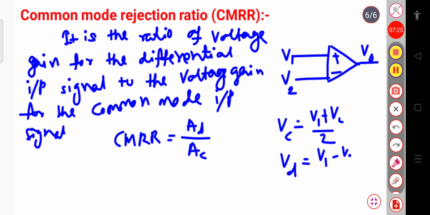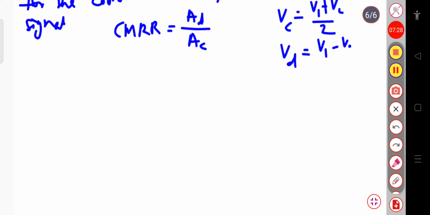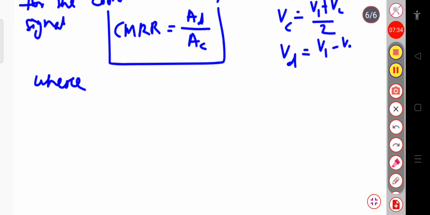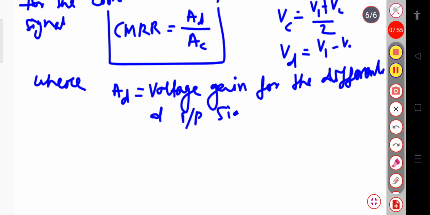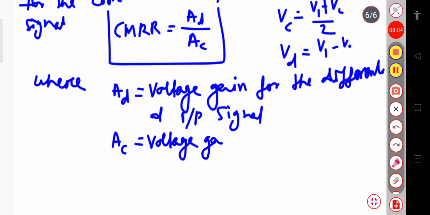Since CMRR equals AD by AC, AD is the voltage gain for the differential input signal, and AC is the voltage gain for the common mode input signal.